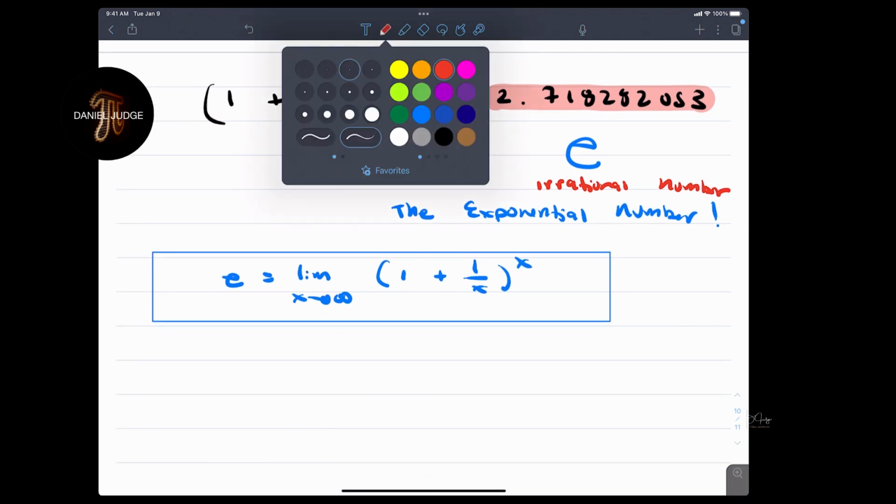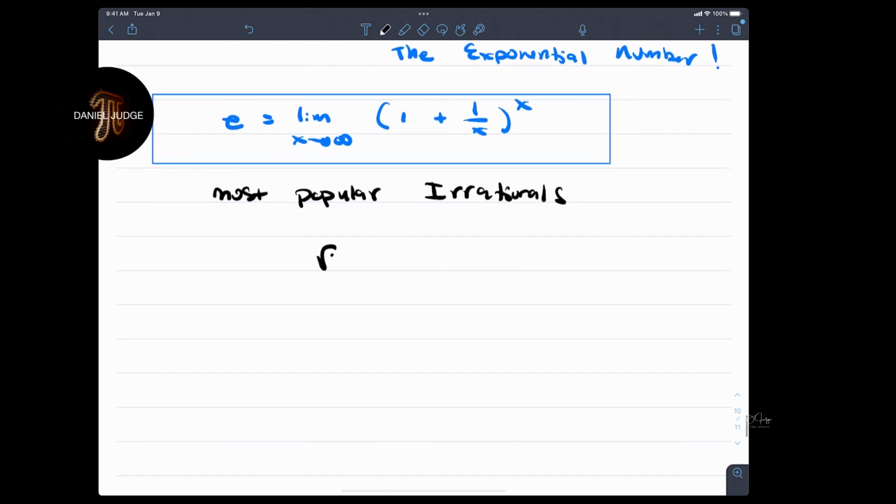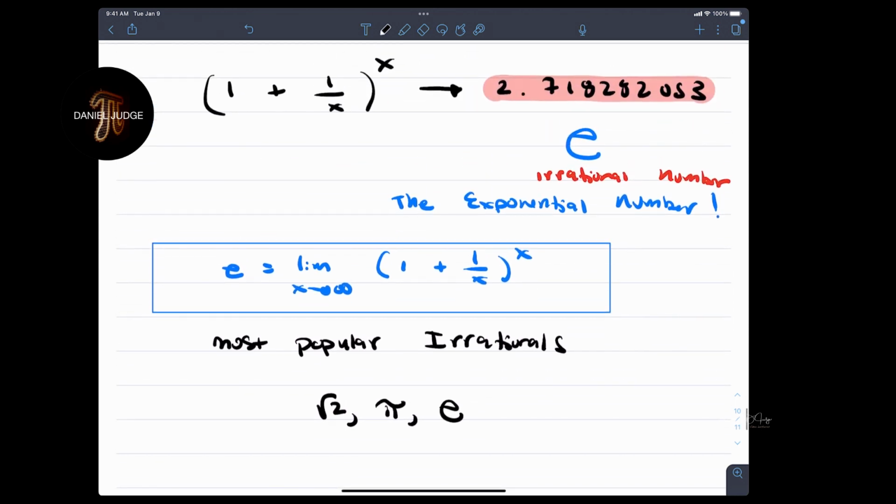So the most popular irrational numbers, if you guys remember, these are some of the most popular irrationals. You have the square root of 2, pi, and e. These are the most popular irrational numbers that exist.